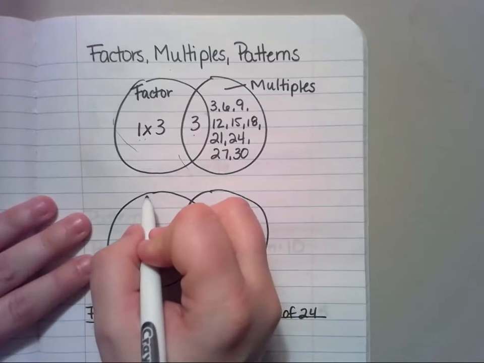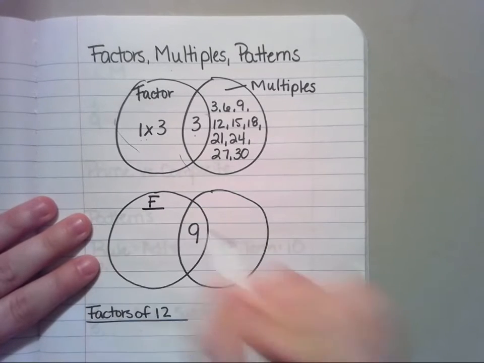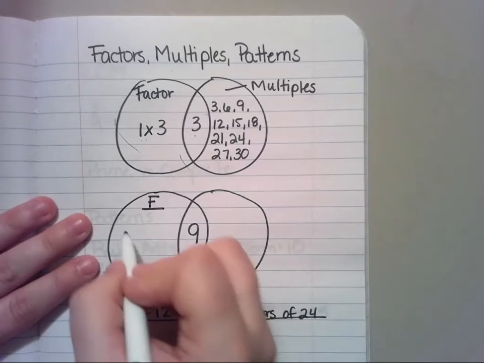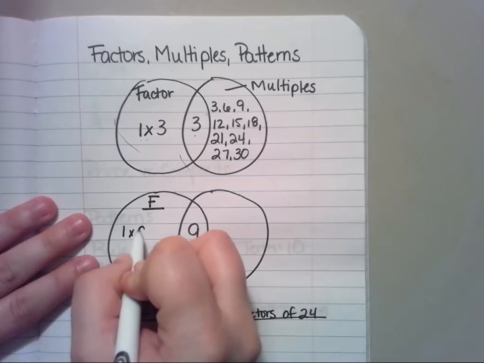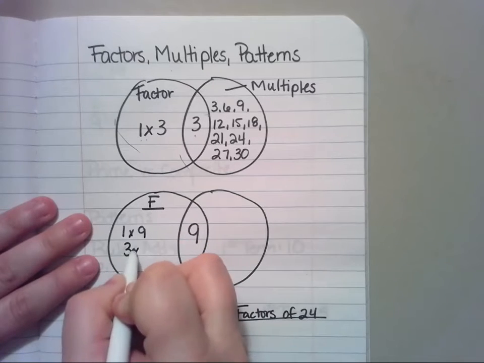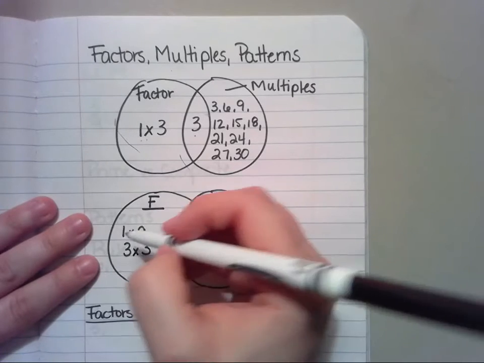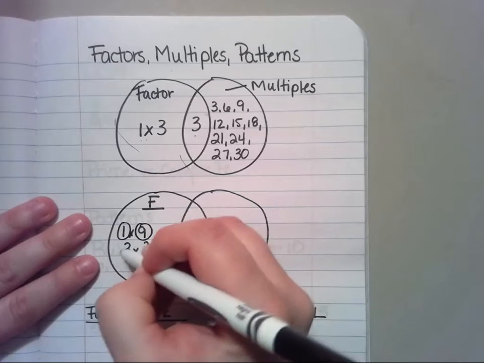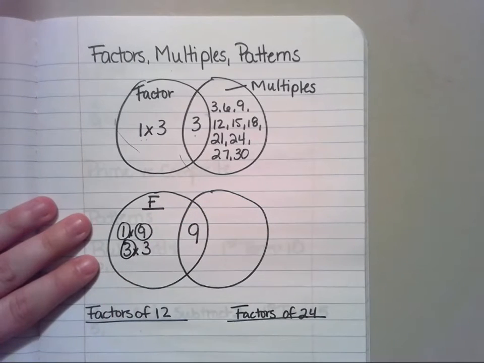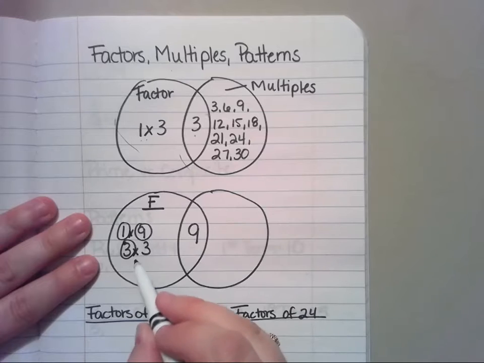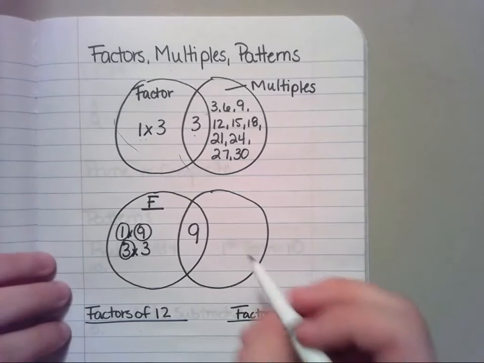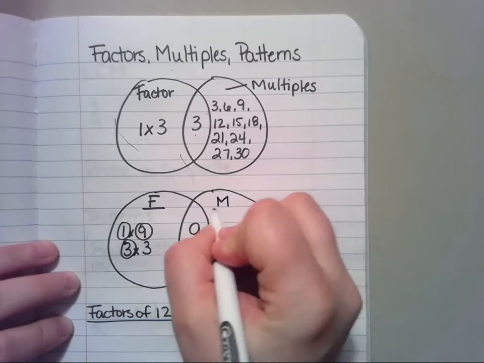What numbers multiply to give me 9? 1 times 9 and 3 times 3. So I have 1, 9, and 3 as my factors. I don't need to write 3 twice. Once is enough. Then my multiples.